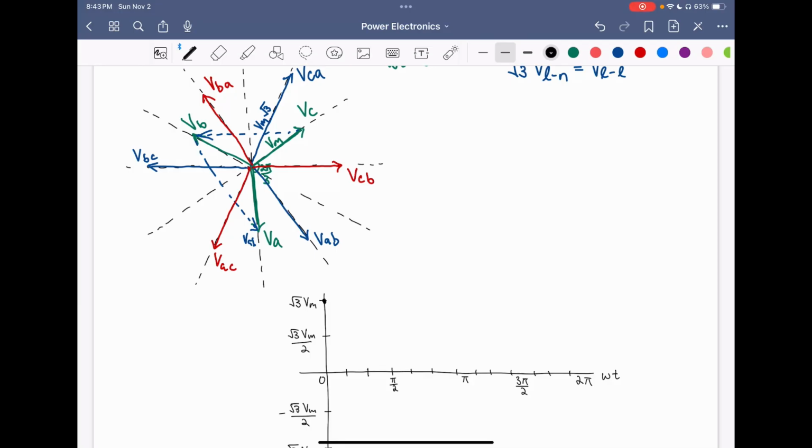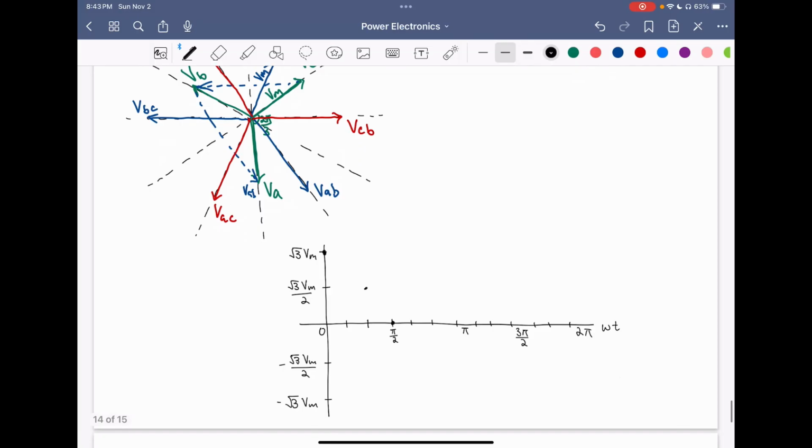Then it's going to decrease as so. So this here is our VCB.